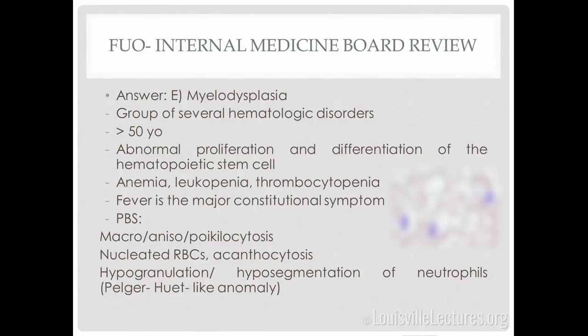And this is something else that they talk about, this Pelger-Huët-like anomaly, where your neutrophils are hyposegmented, because typically you want 3 or more lobules in the neutrophils, and here you can see that most of them just have 2. So that's another anomaly that you see in myelodysplasia.